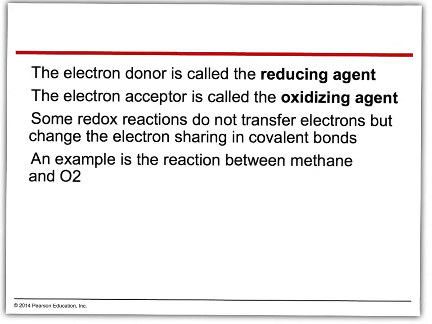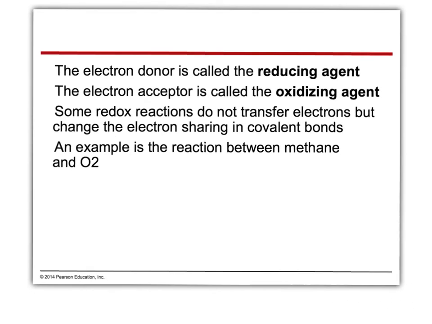All right. Other terminology: your electron donor is called the reducing agent. The electron acceptor is your oxidizing agent. So what's the electron acceptor in C6H12O6 plus O2 yields CO2 plus H2O? What is being reduced?